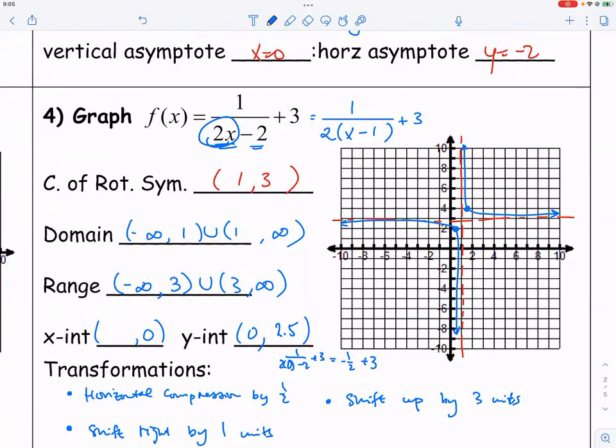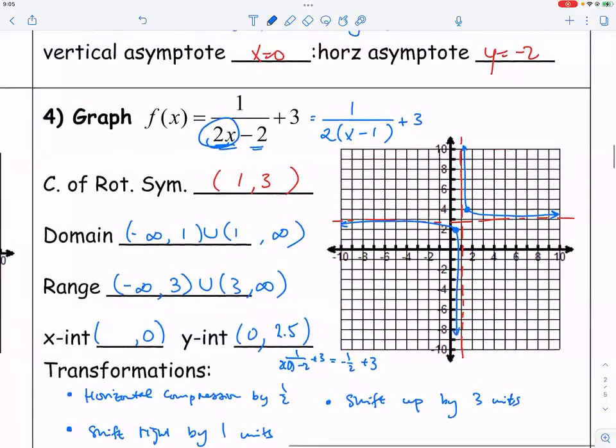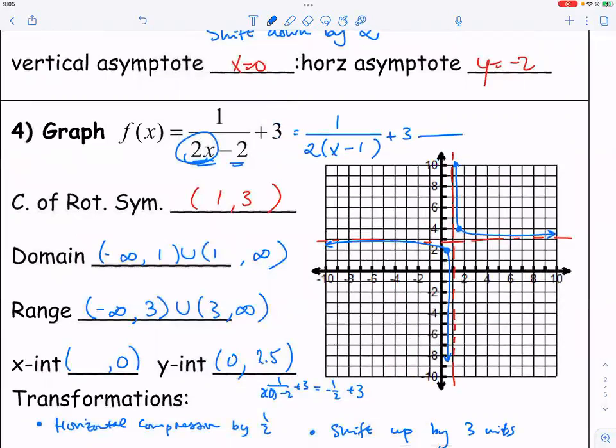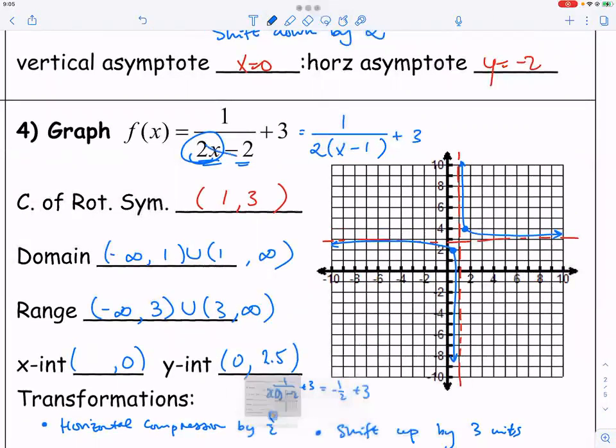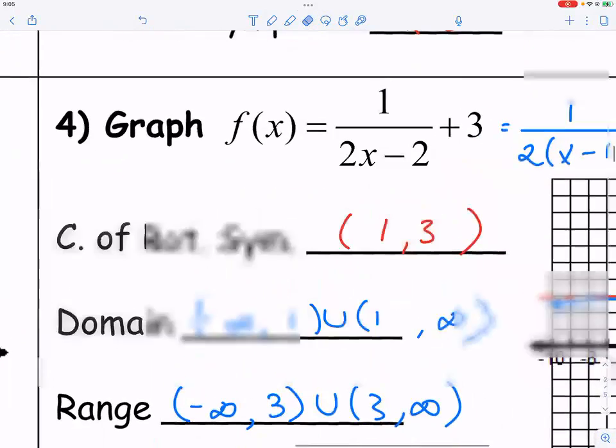And now, speaking of the x-intercept, what you can do, like what we did earlier, is make a common denominator. Actually, hold on. We can use the original.